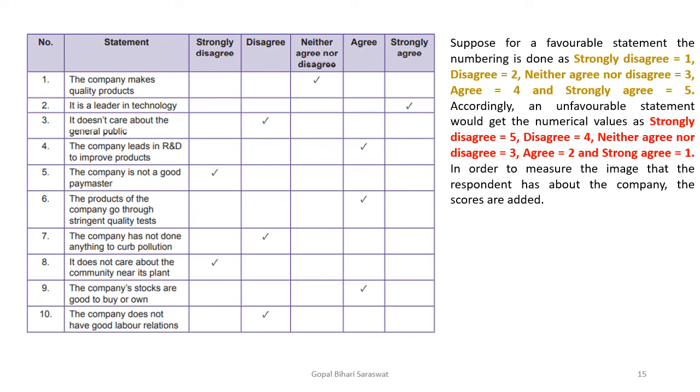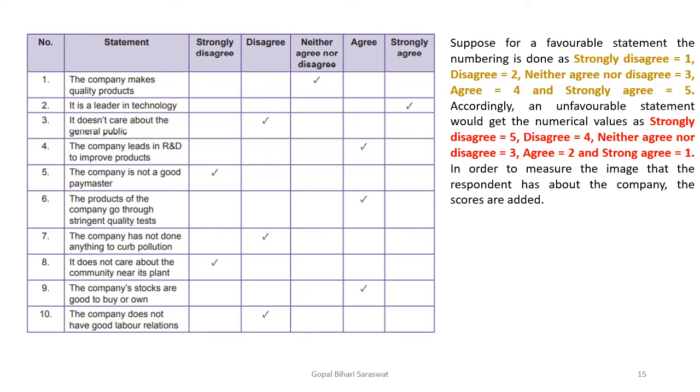For example, strongly disagree we have given the number 1, disagree 2, neither agree nor disagree 3, agree 4 and strongly agree 5. So 1 to 5 is the number given to each option. For the first question, the respondent marks the third option, neither agree nor disagree.